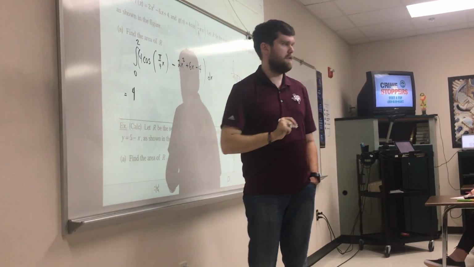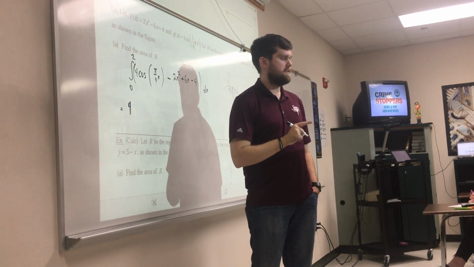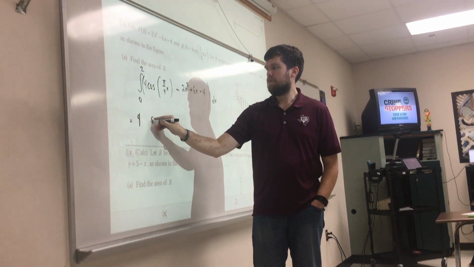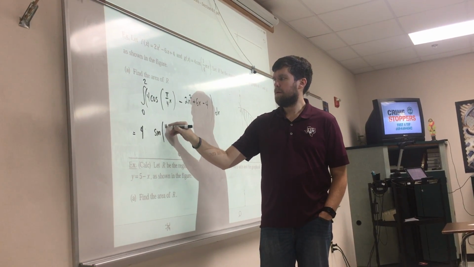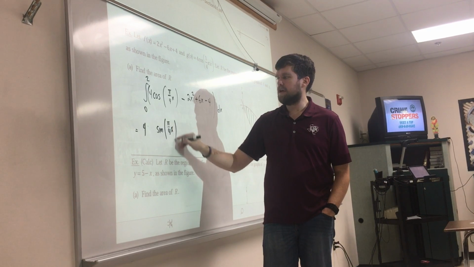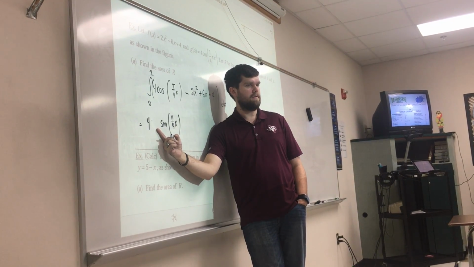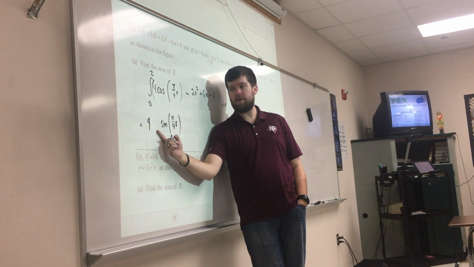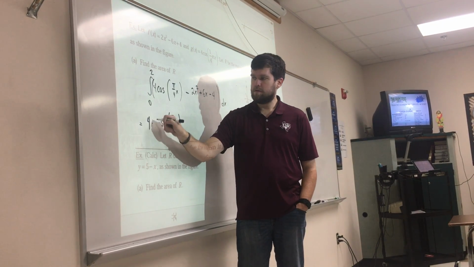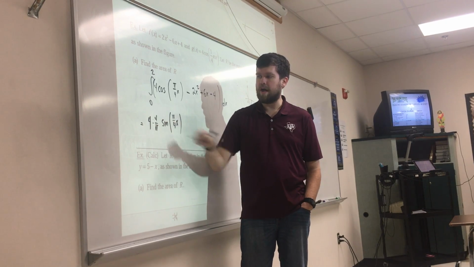Okay, so the antiderivative of this is going to be what? The 4 is just going to stay in the front. What's the antiderivative of cosine? Sine of pi over 4x. But because that's not just x, there has to be a constant here to account for that. And so what's the constant going to be here? 4. Good. 4 over pi.